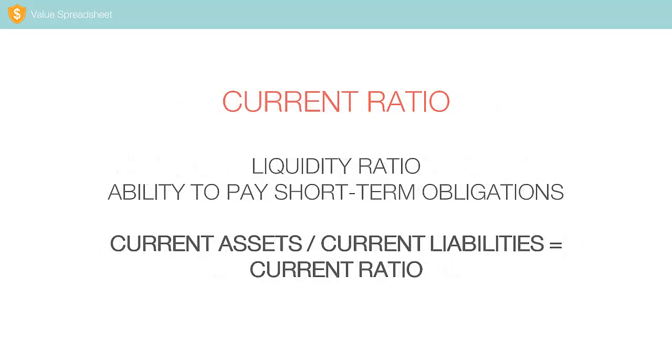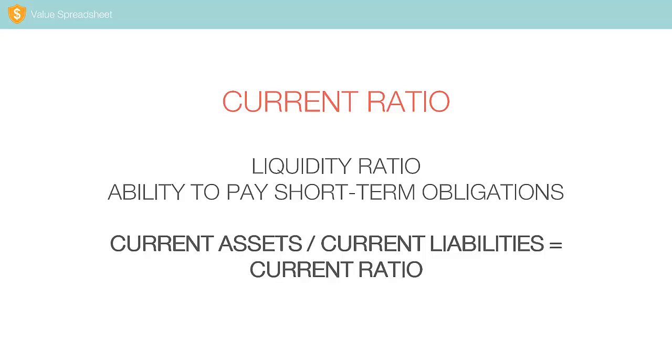Well, what about its ability to pay its short-term bills? One ratio that can be used for this is the current ratio. The current ratio is a liquidity ratio, which measures a company's ability to pay its short-term obligations, or in other words, a company's ability to pay its bills, which have to be paid soon. To figure this out, we need to combine two balance sheet items: current assets and current liabilities.